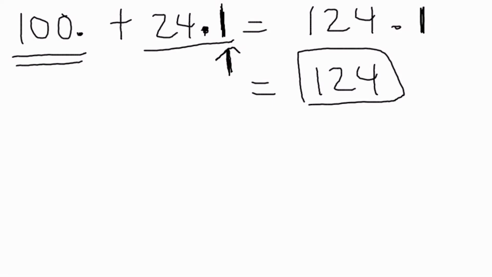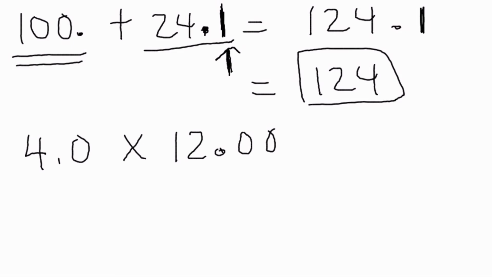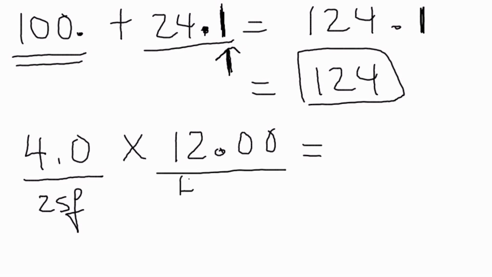For example, if I have 4.0 and I'm multiplying it by 12.00, first, before we multiply, we look at which of those numbers has the least number of significant figures. 4.0 has 2 significant figures, and 12.00 has 1, 2, 3, 4 significant figures.